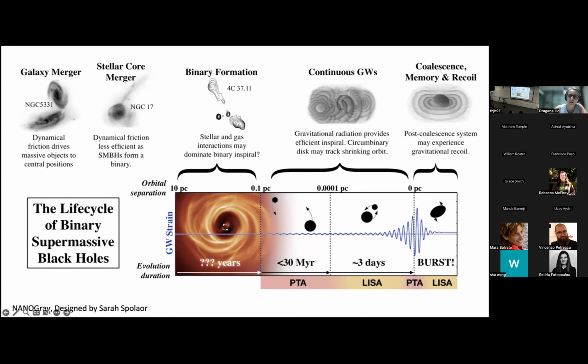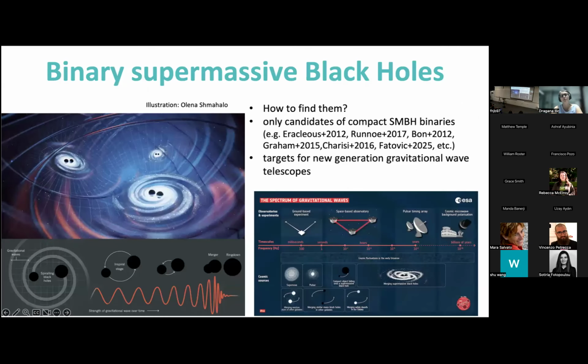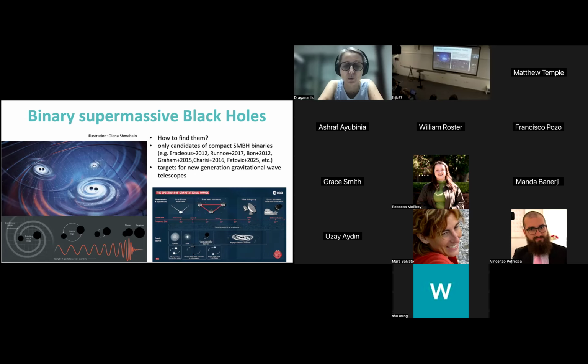These are very important for us because these compact supermassive black hole binaries are targets for new generation gravitational wave telescopes. One of the aims of this group is to produce an LSST catalog of the primary targets for the next generation gravitational wave telescopes. And the biggest question is how to find them, which we are all working on.